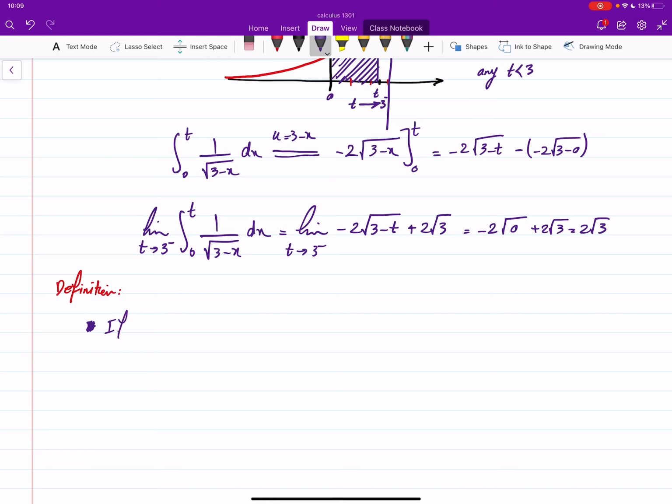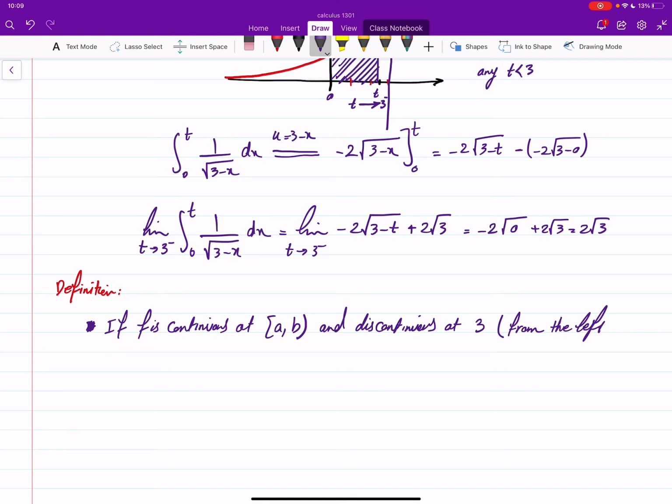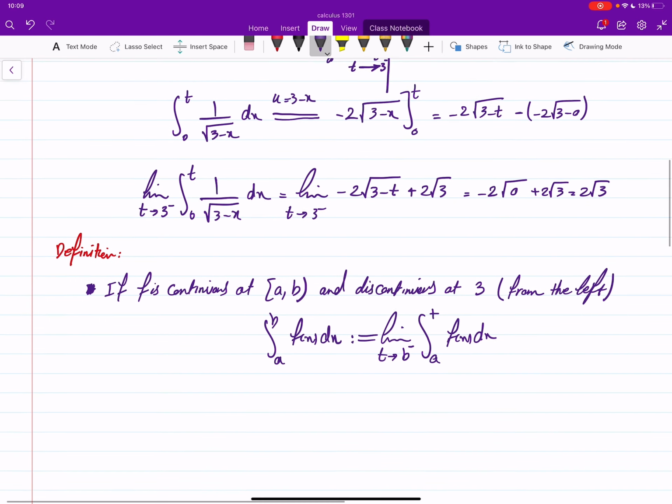So if f is continuous on the open-ended interval a to b, and discontinuous at b, meaning from the left, then the integral from a to b of f of x, which as a regular integral is not well defined, we now define by going from a to t first, then taking the limit as t goes to b from the left.